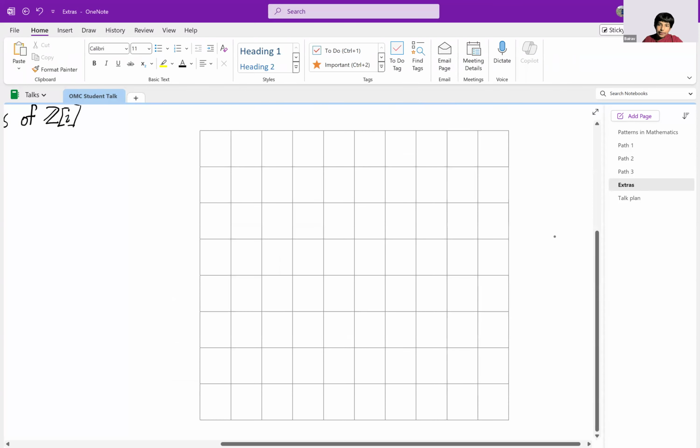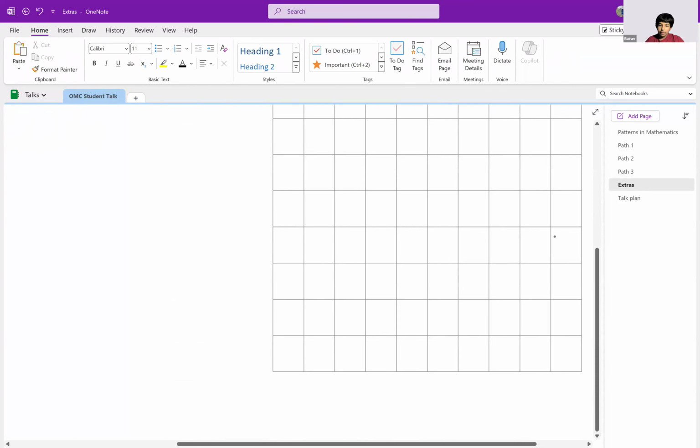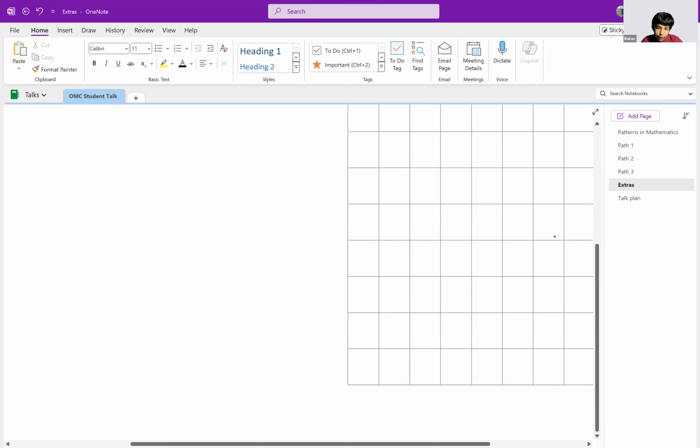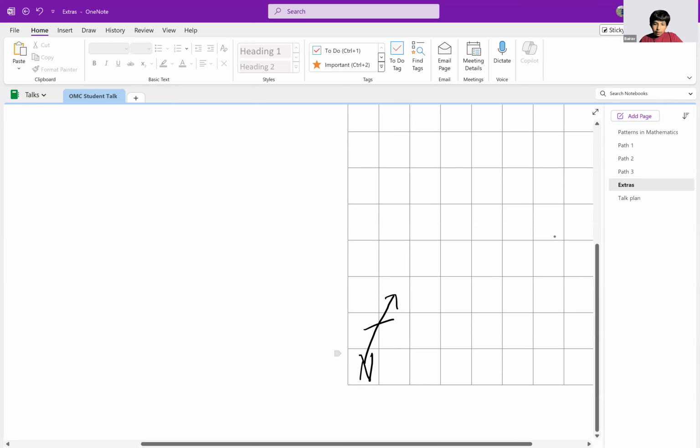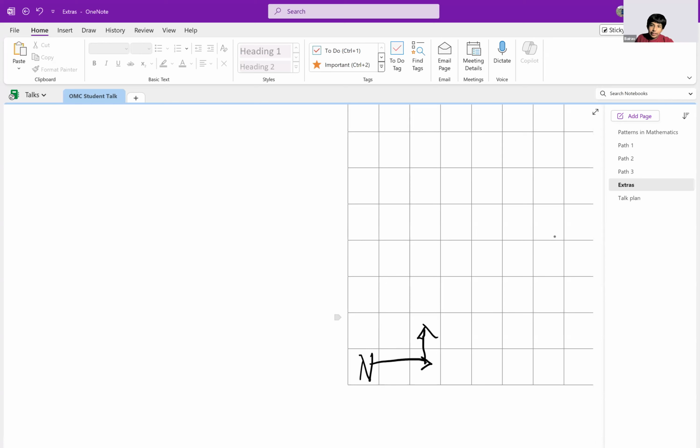So we have a very special kind of knight. So suppose this knight is here. This knight cannot move here, but can move here. So the knight can go two steps in any direction and then one step only anti-clockwise and not clockwise.